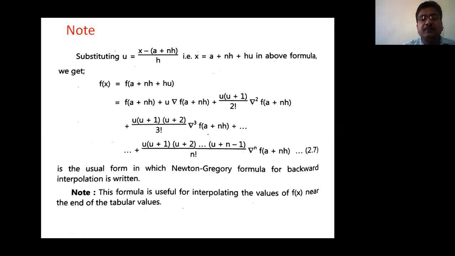If we have to interpolate the value at the beginning of the table, then use Newton's forward interpolation formula.